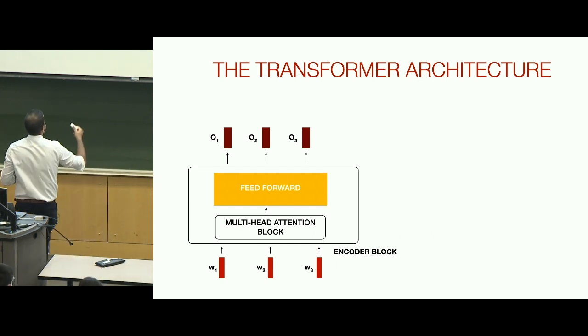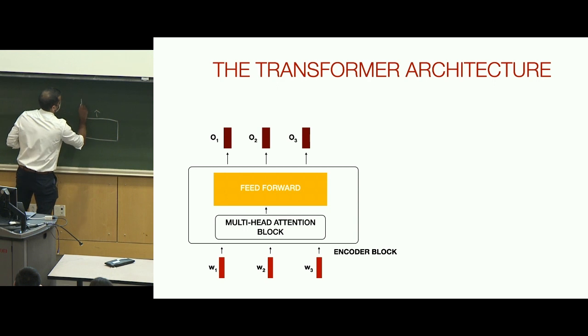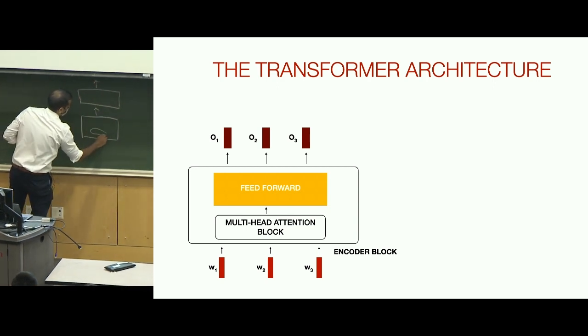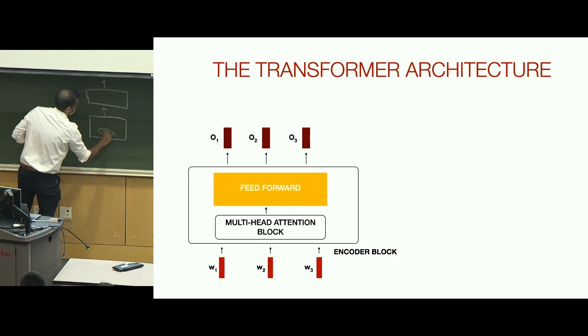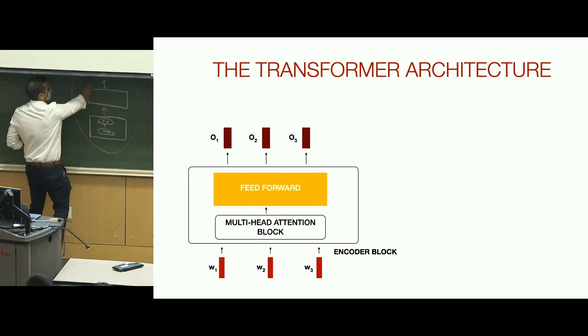And what they do in transformers is, if that is one encoder block, they have multiple encoder blocks stacked together. So this is the multi-head attention, and this is the feed forward, and so on. All of this forms the encoder, and you have multiple of these.